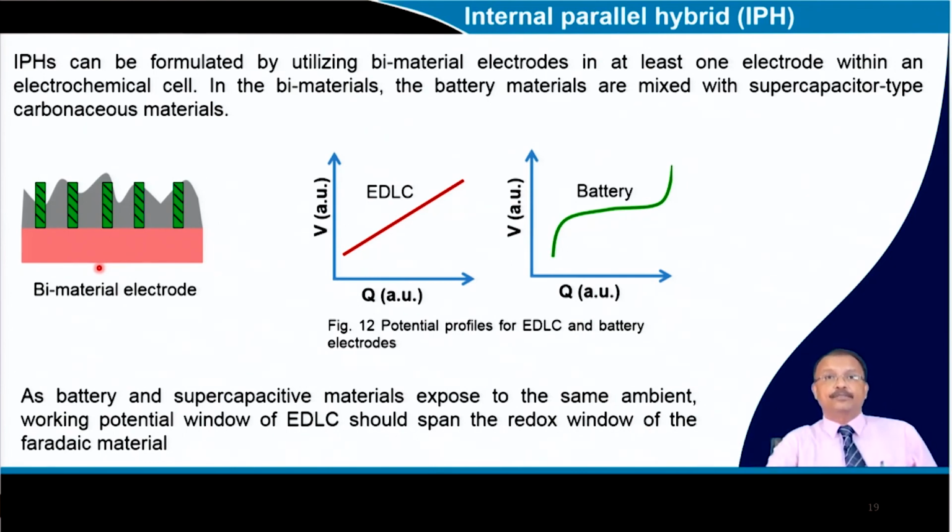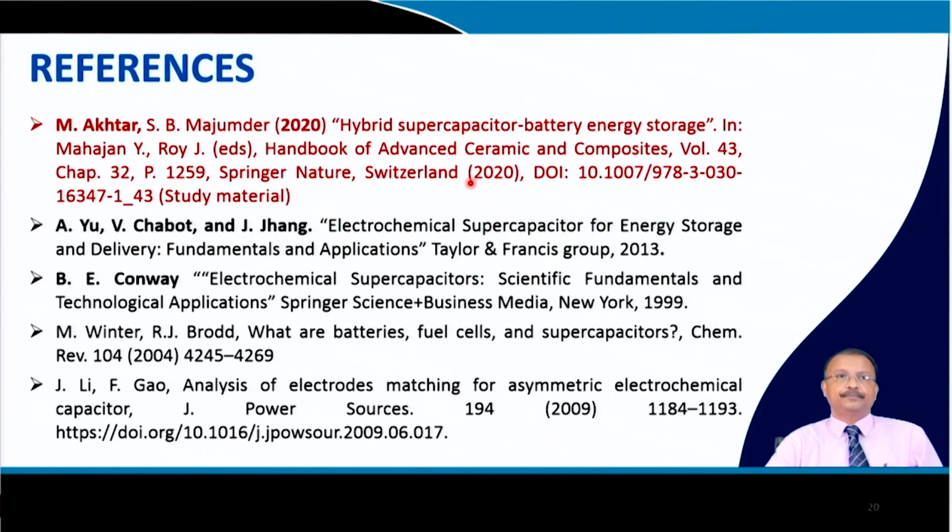So, you should keep in mind that this voltage window is important. It is also important to have proper mass balancing and proper current balancing. So many parameters are involved in working on the asymmetric type of capacitor. It is not really a supercapacitor, but I thought this is also one of the varieties that I should introduce as part of this lecture.